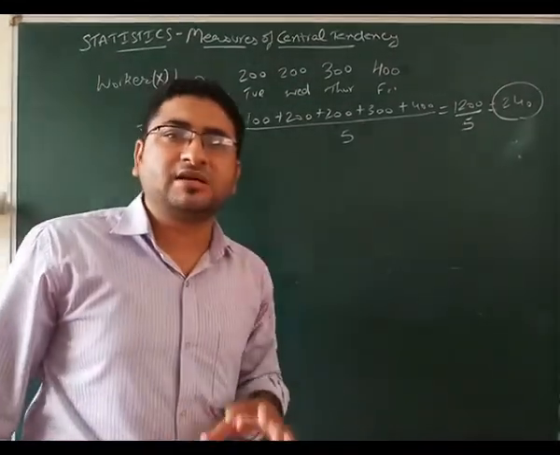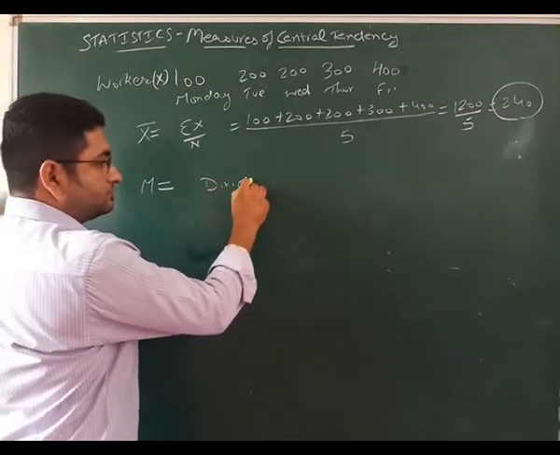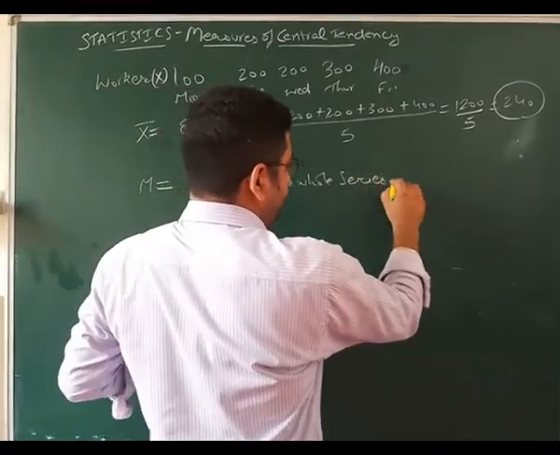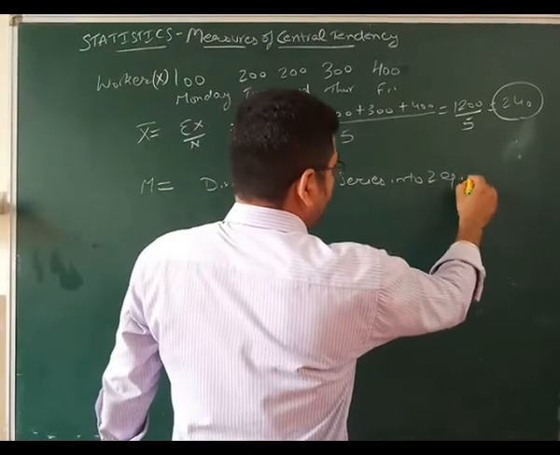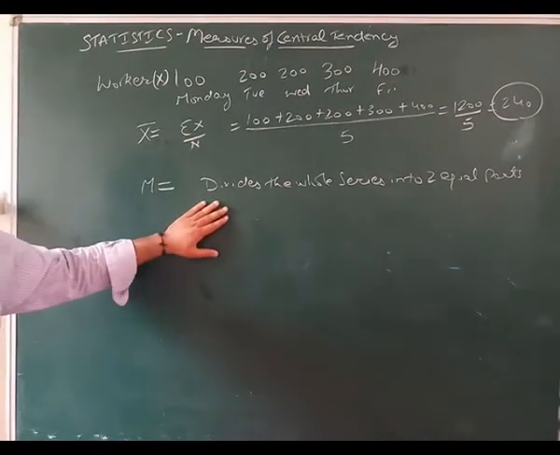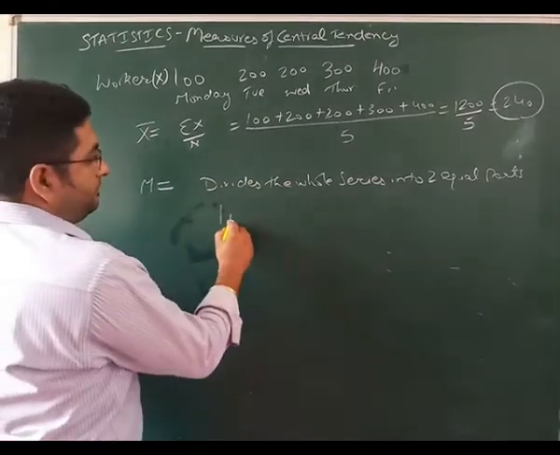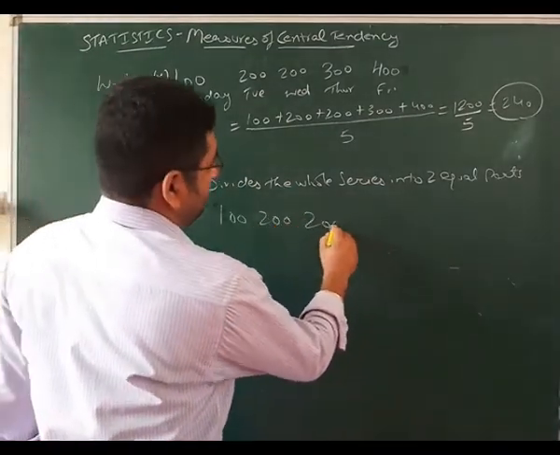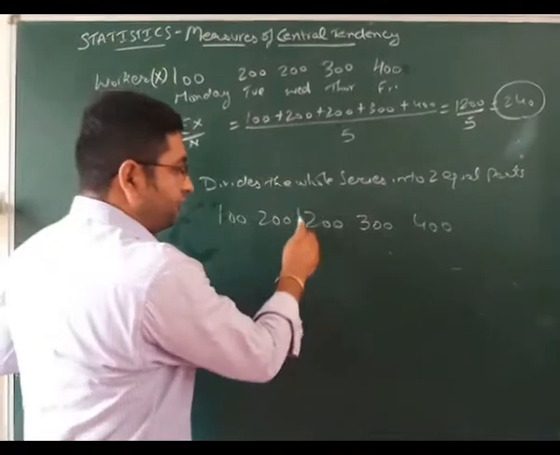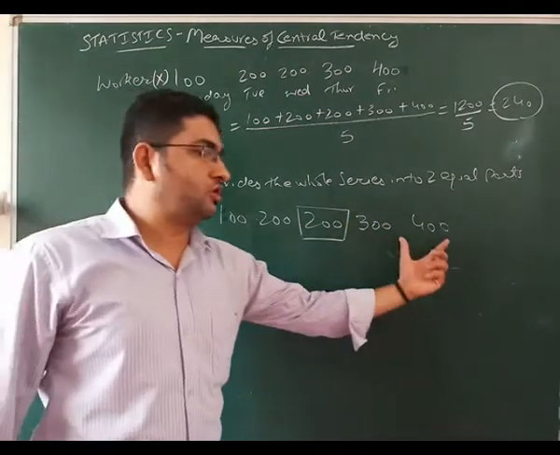We have just discussed that median is a positional average. So we say this is what divides the whole series into two equal parts. I repeat, this divides the whole series into two equal parts. Let us see how. 100, 200, 200, 300 and 400. Now if I take this 200, I have two values on the left side of this and two values on the right of this.